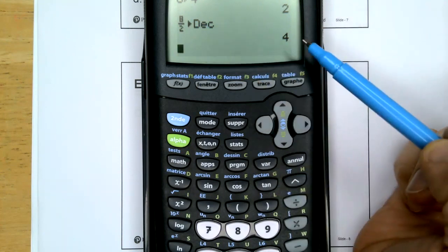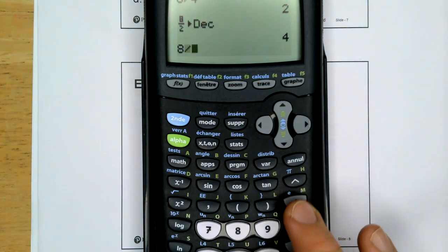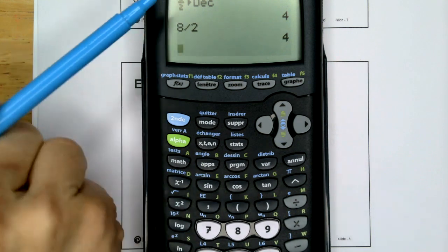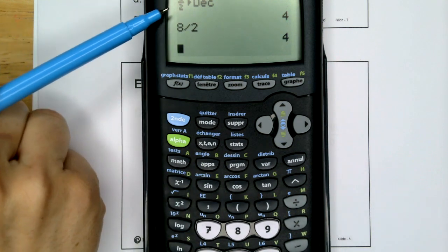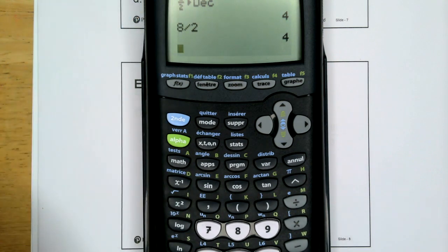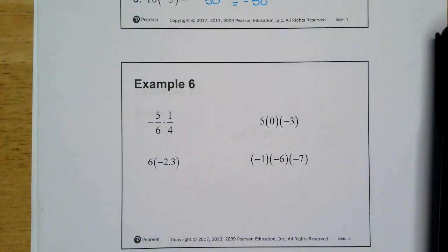So 8 halves is 4, 8 divided by 2 is also 4. So when you see a fraction, just think division. Should have practiced that.